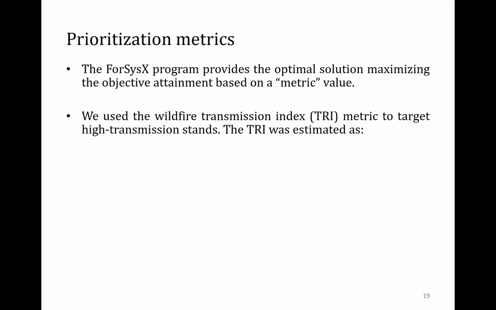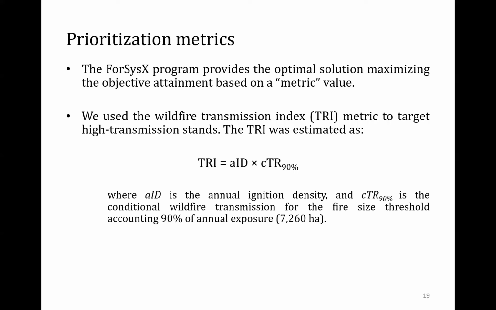This metric was generated as a grid, estimated from the annual ignition density, the same grid that we used to allocate fire ignitions, and the conditional wildfire transmission for the 90% fire size.